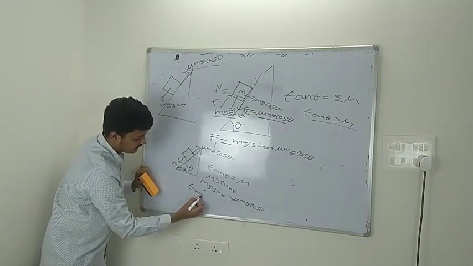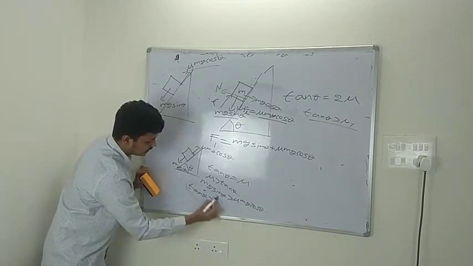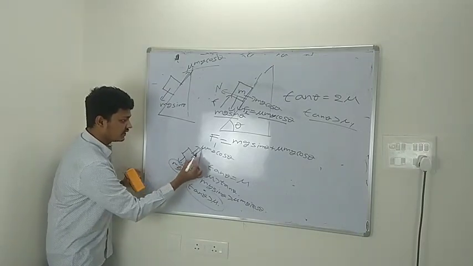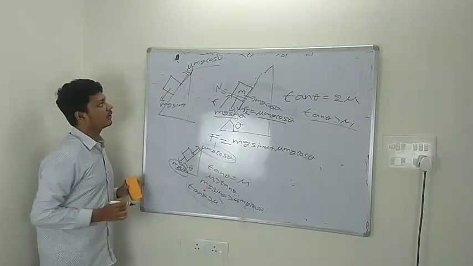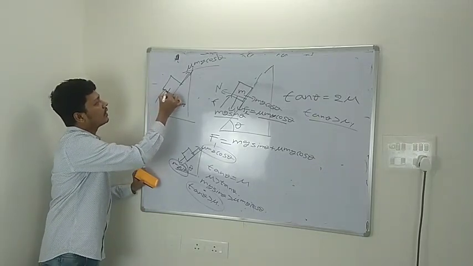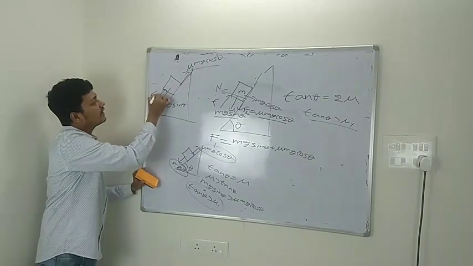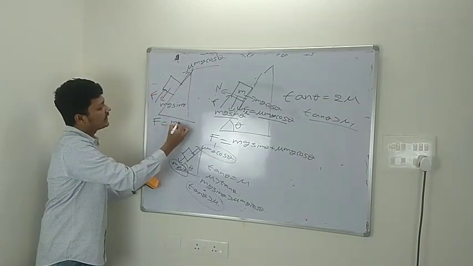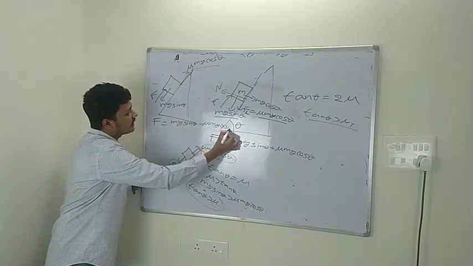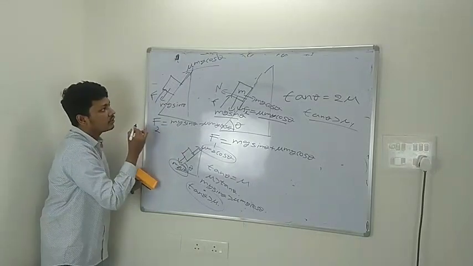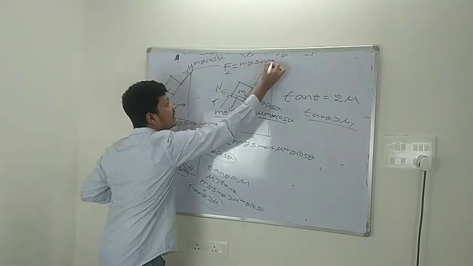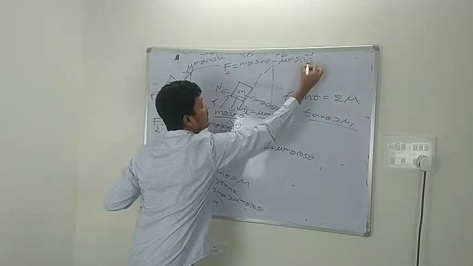So when tan theta is greater than mu, at that time the body will slide, because mg sin theta is greater than limiting friction. Okay. So now a force must act upward to prevent it from slipping down, that is mg sin theta minus mu mg cos theta. So F2 we got mg sin theta minus mu mg cos theta.